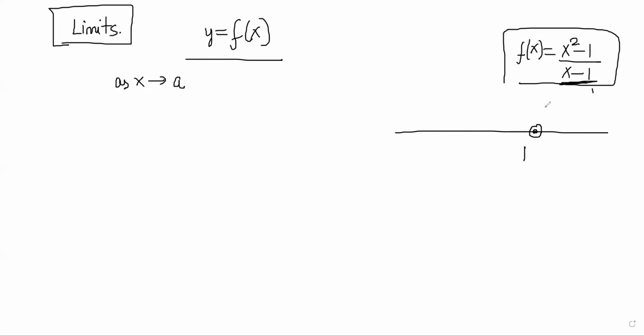Right? So 1 is not in the domain of the function, but any other point is in the domain. For example, if this is 0.5 and this is 0.9, this point, right? Obviously, any point closer to 1, like 0.99, is closer to 1, right? That is also a point where the function is defined, correct?